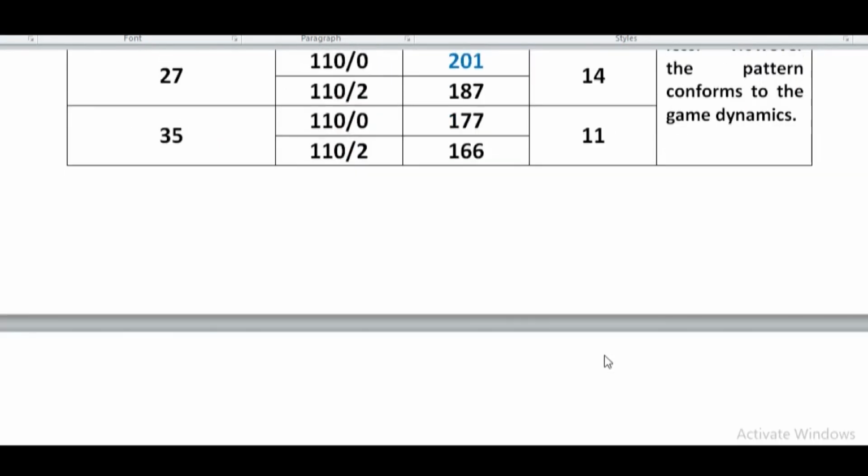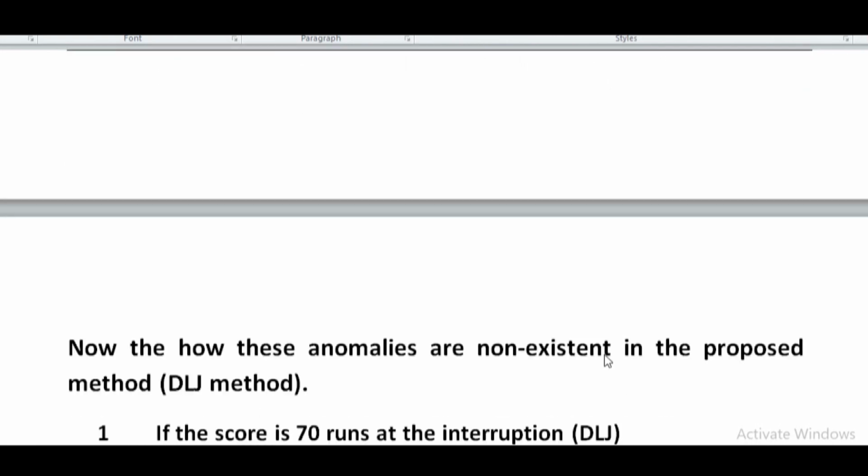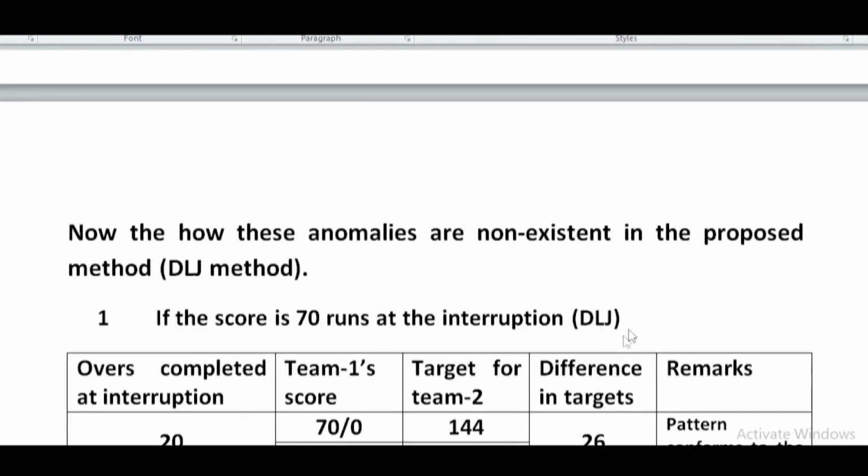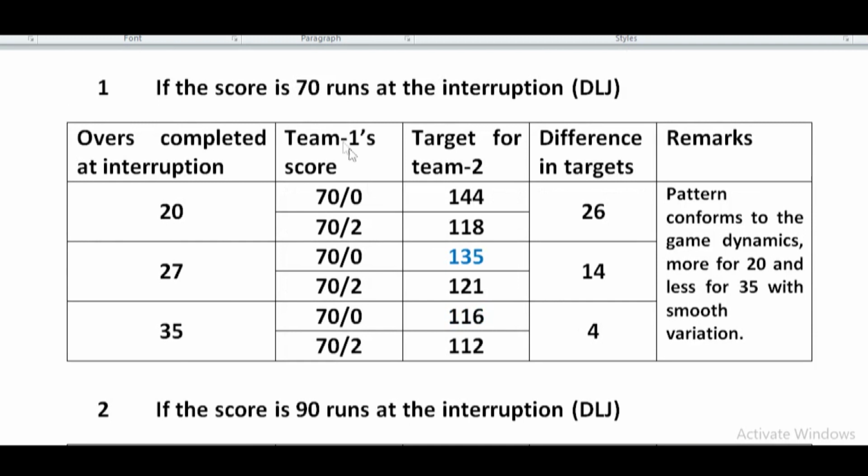Now let us see how the proposed method, I am calling it DLJ method, behaves under these conditions. Here again, for 70 runs, for 0 wicket and 2 wickets, the targets are 144 and 118, and the difference is 26 runs.